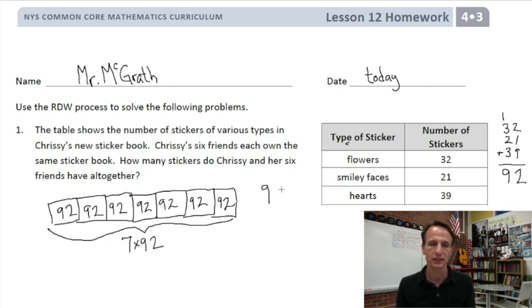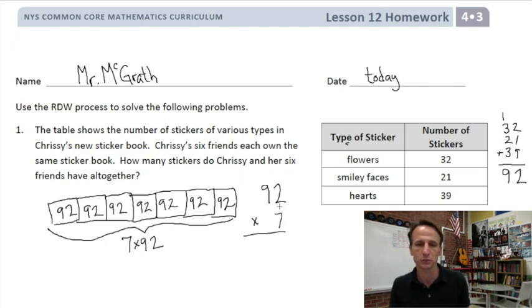So we're going to say 92 stickers per kid times 7 people. All right. And so here, with standard algorithm, we just put things in the right places to represent the correct place value, but we just speak of doing 7 times 2 and 7 times 9. So 7 times 2 then is, yes, 14.